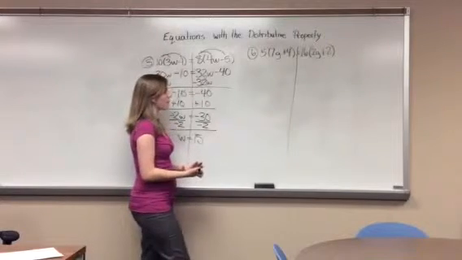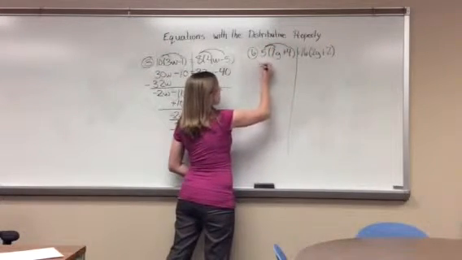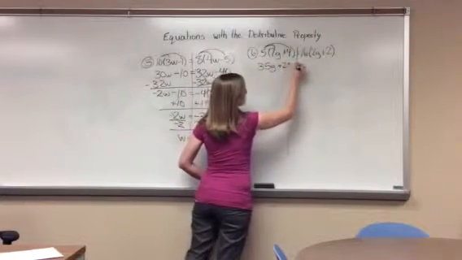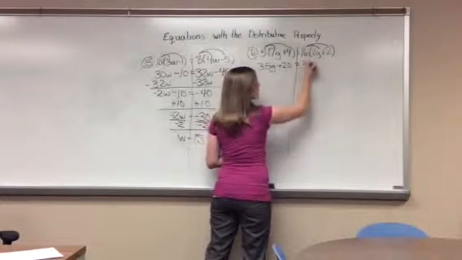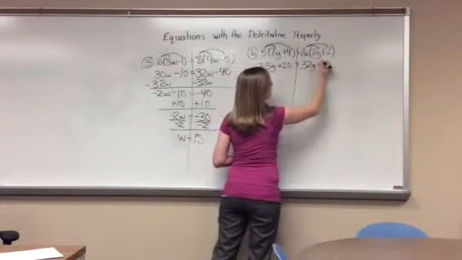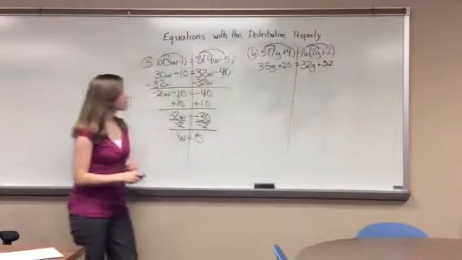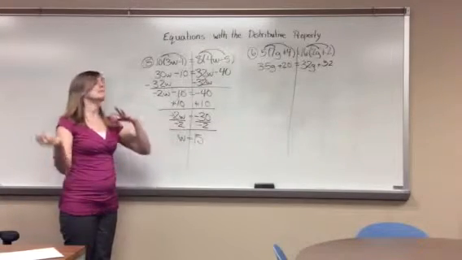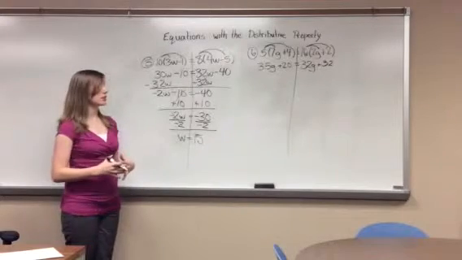Do the distributive property. Multiply by 5. We get 35g plus 20 equals, over here we will multiply again. We'll get 32g plus 32. After we get rid of the parentheses, my next step is to get the letters on the left side, which means I need to cancel out the 32g.